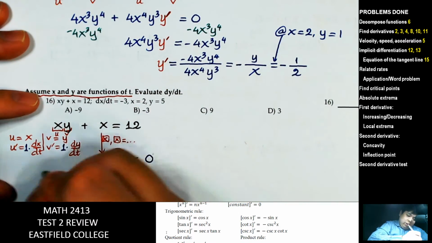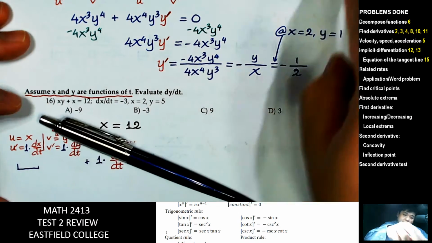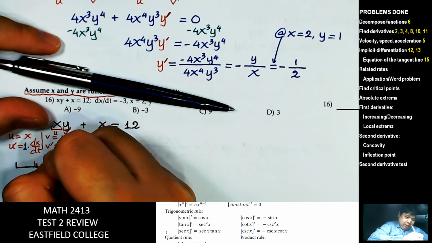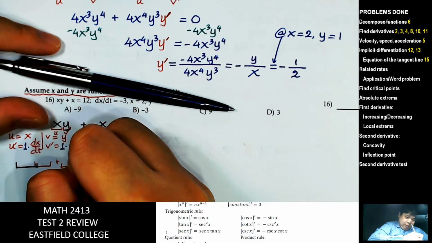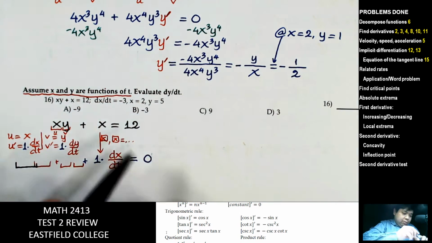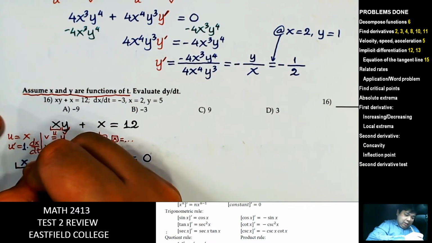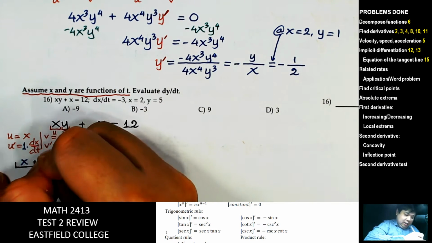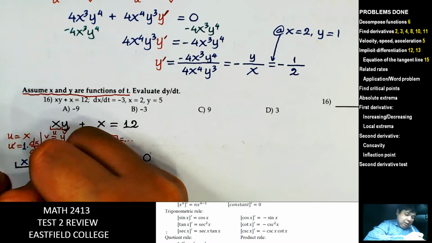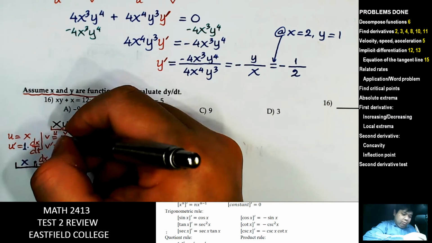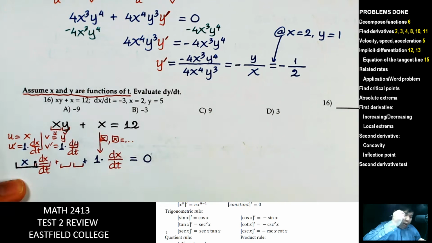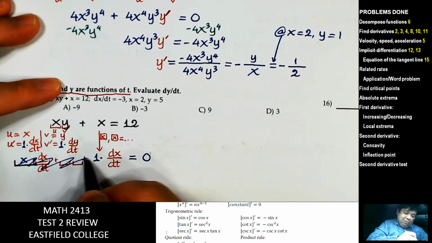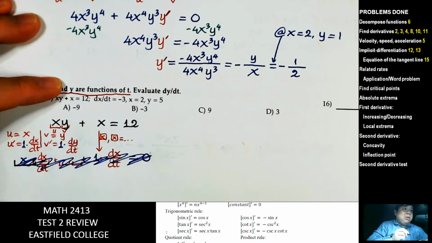So in front of that, we have x times dx over dt, and then, sorry, don't have enough space.